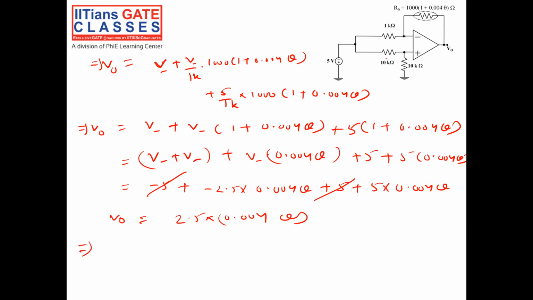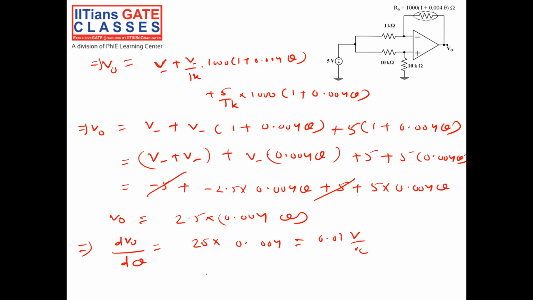Simplest, the output sensitivity is nothing but dV0 by d theta, right? The change in output voltage by change in temperature is equal to 2.5 into 0.004, which is how much? 0.01 volt per degree centigrade.